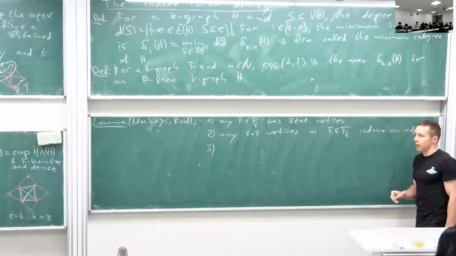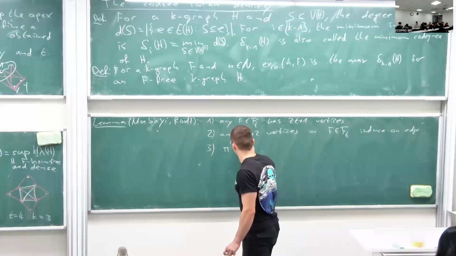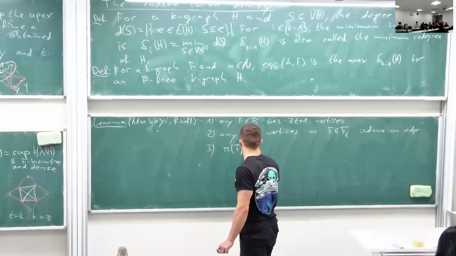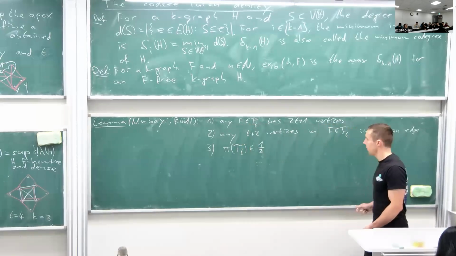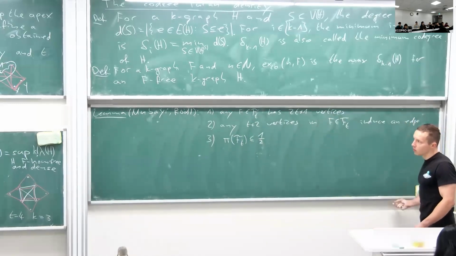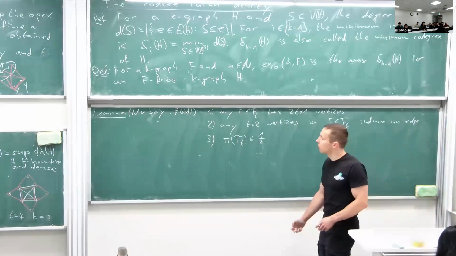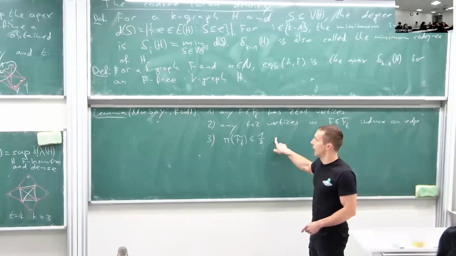And the third thing is that we have an upper bound on the Turán density of this family. We'll also look at the proof of this in a moment, but let us first see how we can use this.